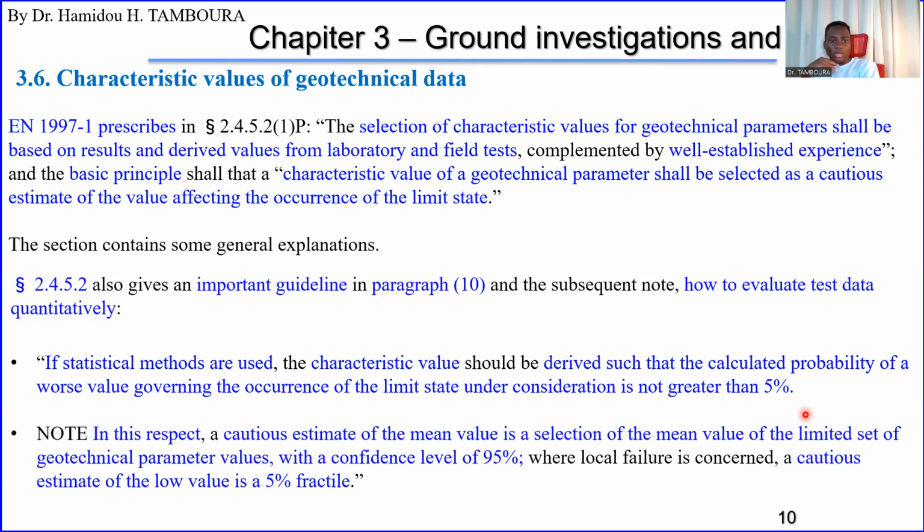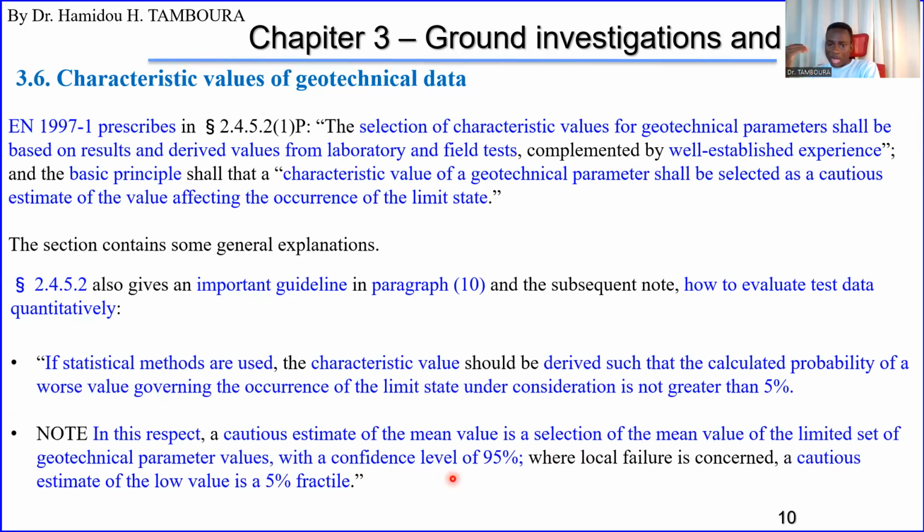Oh, sorry. So in this respect, a cautious estimate of the mean value is a selection of the mean value of the limited set of geotechnical parameter values with a given confidence. Now that's what I was saying.